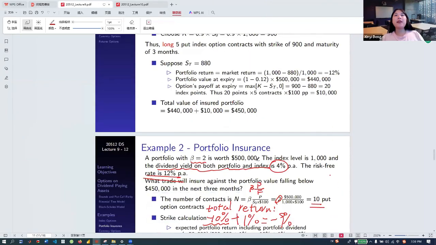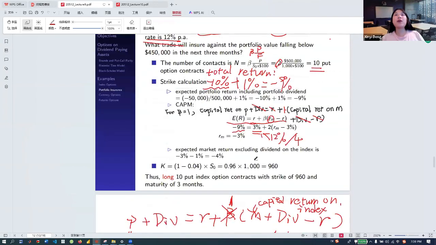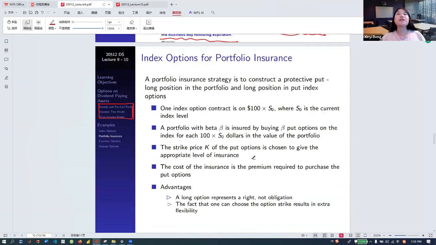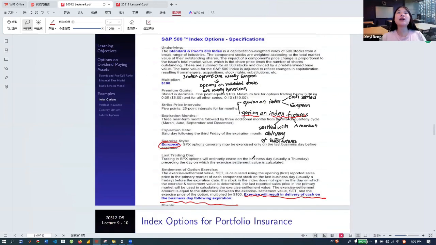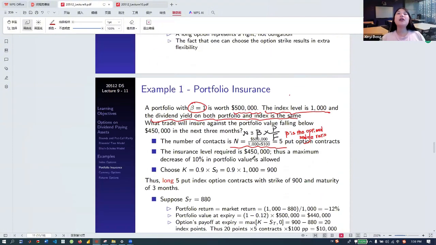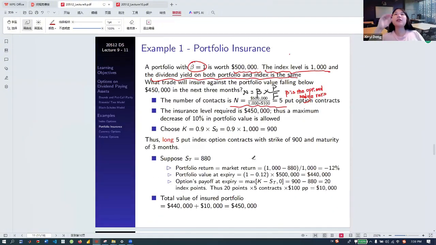Also, aside from those boundary and pricing relationships for options with underlying assets with continuous dividend yield, today we also discussed portfolio insurance, right?